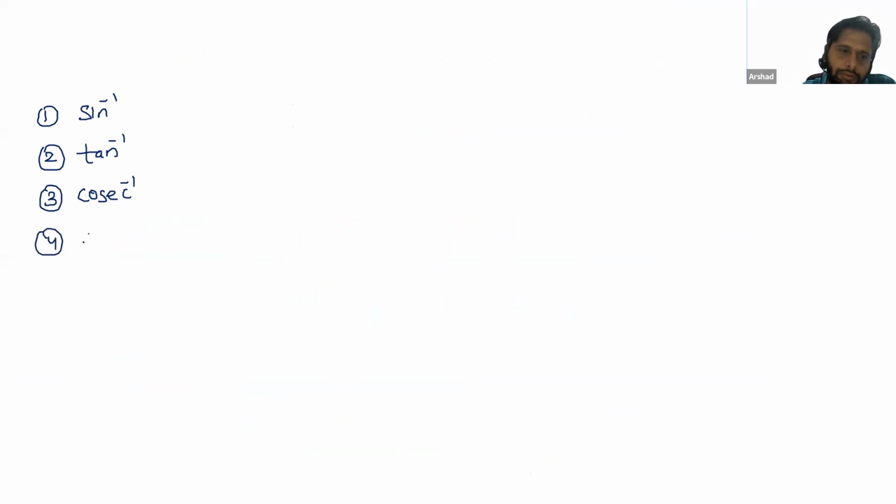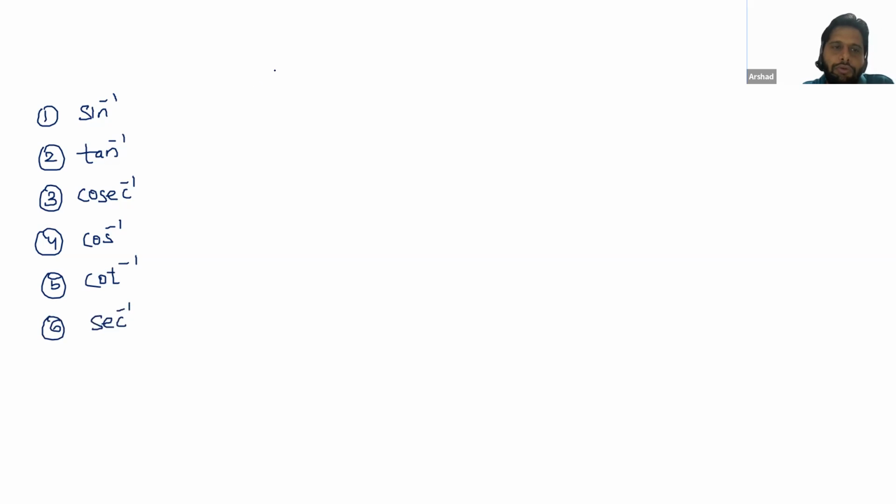Okay, so we will write sine inverse. Second is tan inverse. Third is cosec inverse. Fourth is cos inverse. Fifth is cot inverse. Sixth is sec inverse.